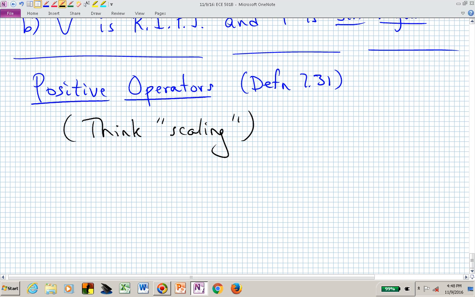How do we scale components, either contracting or expanding? Here, an operator, this again is a definition.